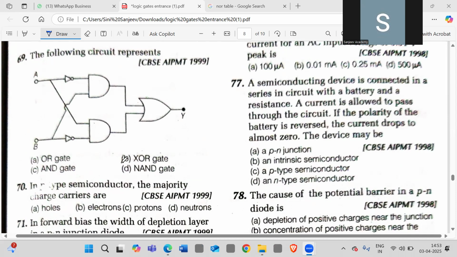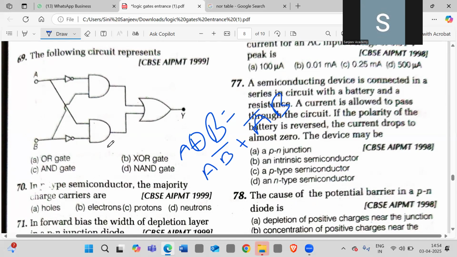Those who do not know XOR gate, see, it is basically what? A exclusive B. A exclusive B is nothing but AB bar plus A bar B. That is my XOR gate. See, first thing in this is we have to see what gate is this.